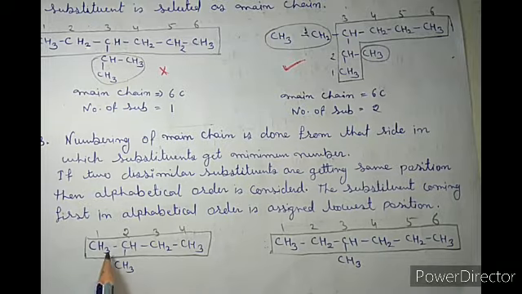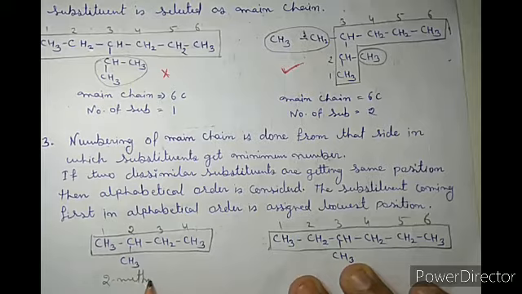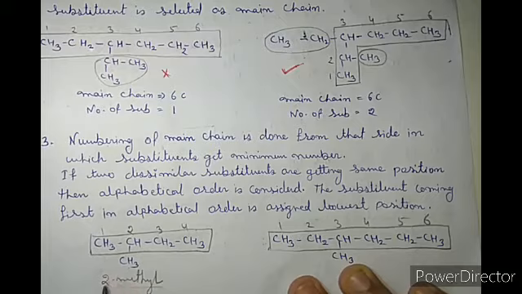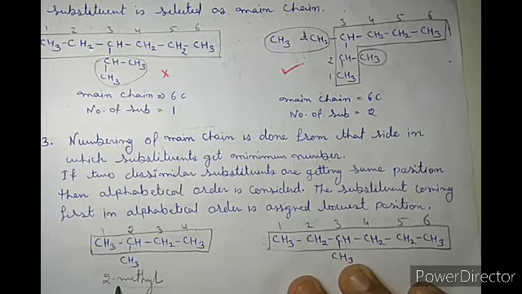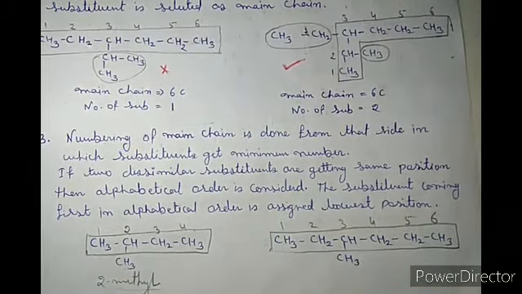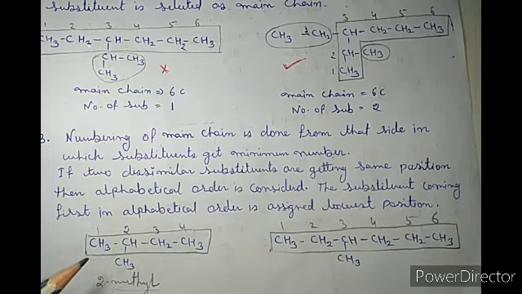For example, this: when we write the name of this, we have to write 2-methyl. Methyl is the substituent, and it is attached on the second carbon, so it is 2-methyl. Got it? So for the complete name, we have to mention the position of substituents. Clear? That's why for that purpose we need numbering.